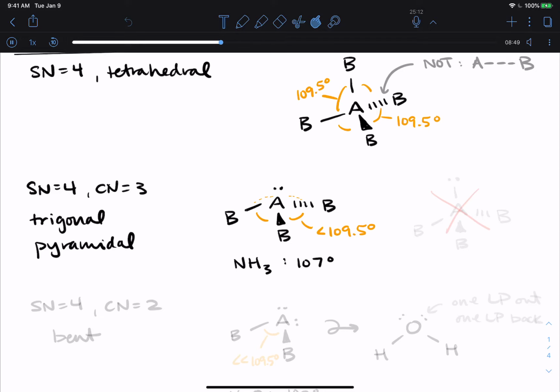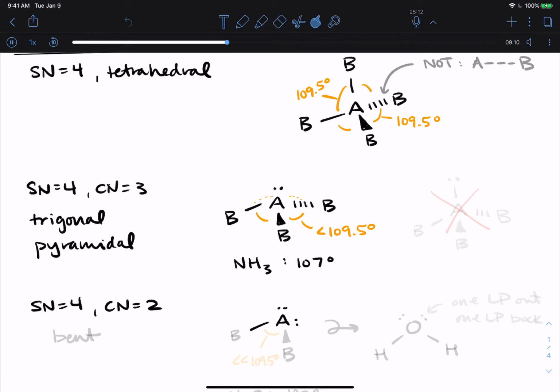One more for steric number 4. And that's if we have a coordination number of 2. And so what this would look like, my central atom, I'll still replace that top one, and then I'm going to replace my bond that's going back behind the paper with a lone pair.